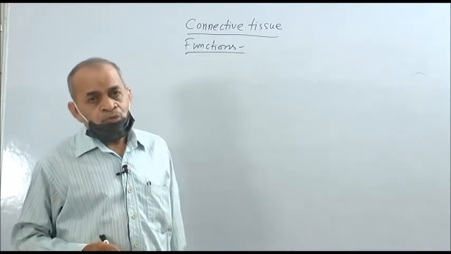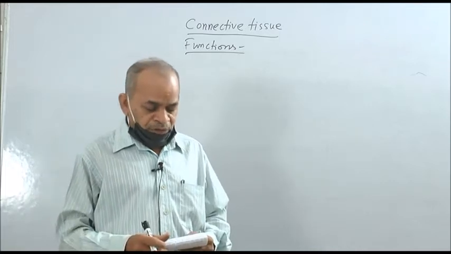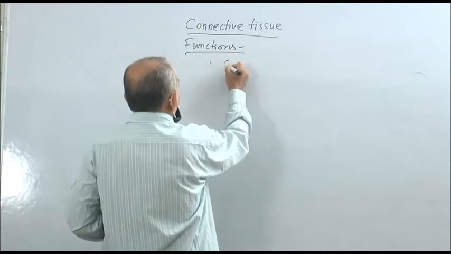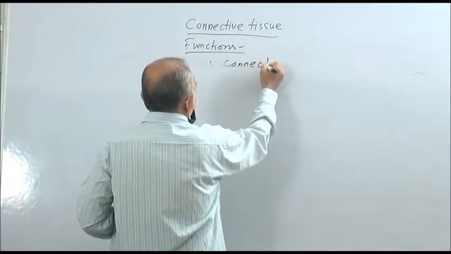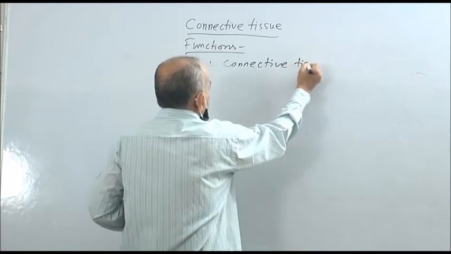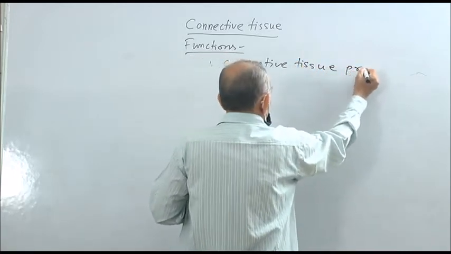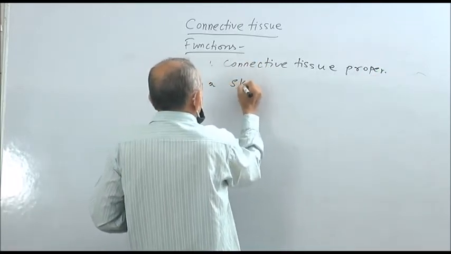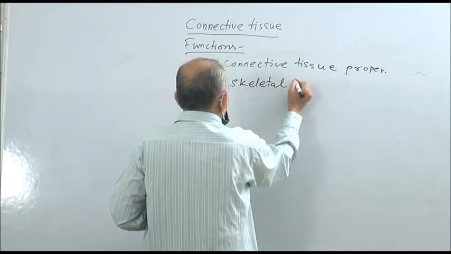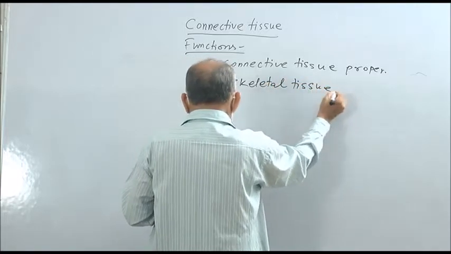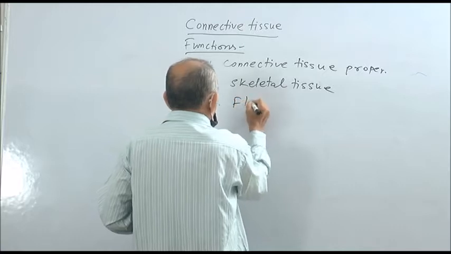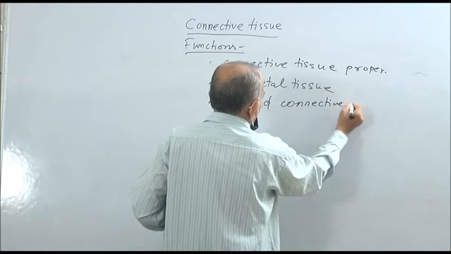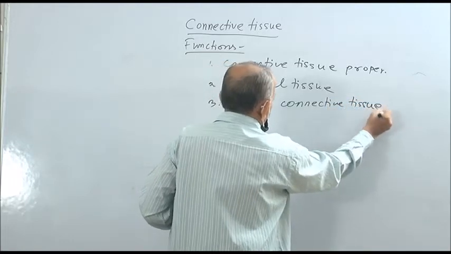Now, connective tissue is divided into 3 major groups. These are, number 1, connective tissue proper, number 2, skeletal tissue, and number 3, fluid connective tissue.